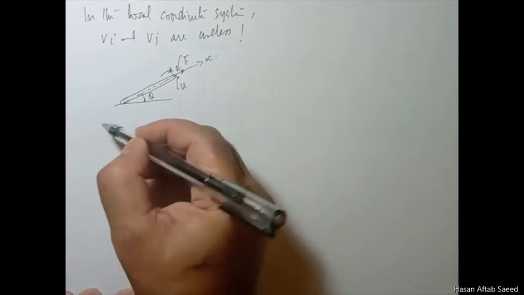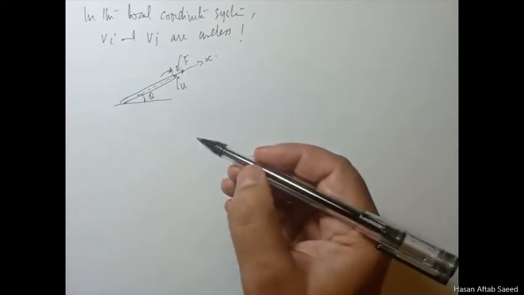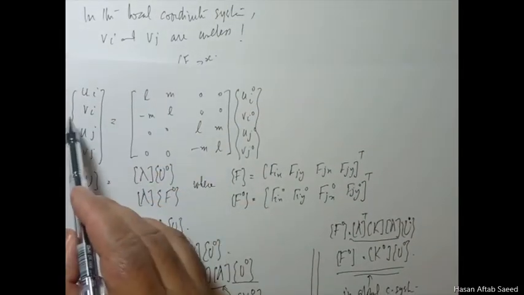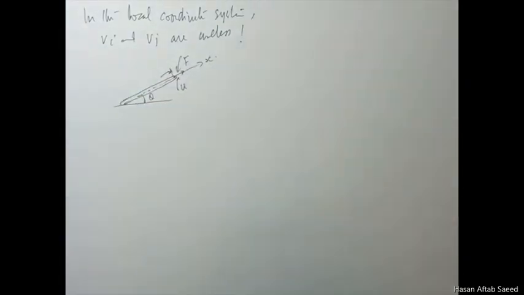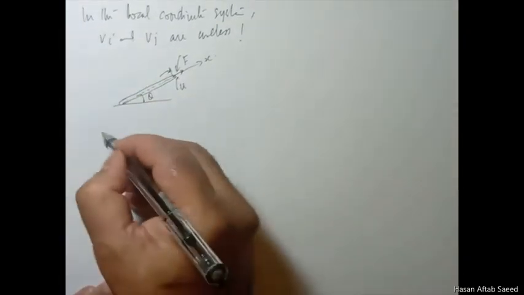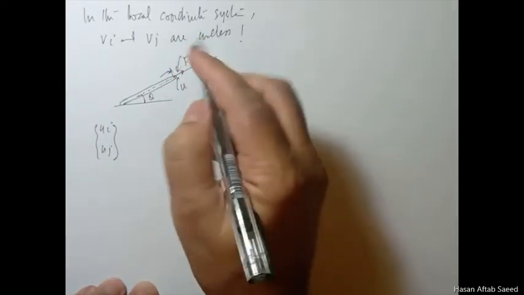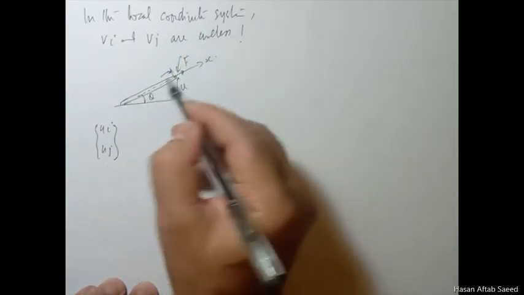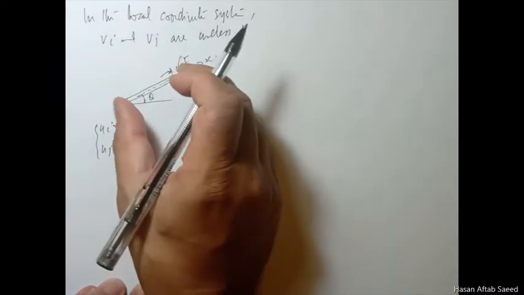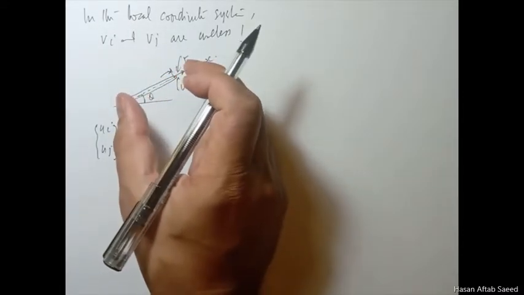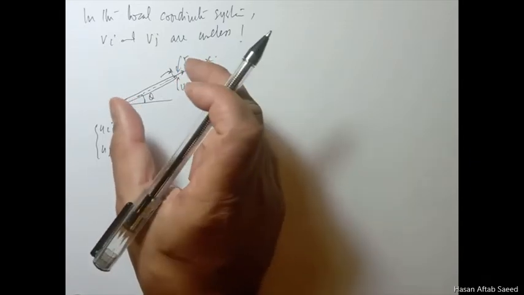So we can just write this equation, the same equation, by removing these lines. Simply remove these lines. So we get Ui, Uj. These are important, Ui and Uj. If there's Ui here, Uj here, this will decide what sort of strain is there and then what sort of stress is there.